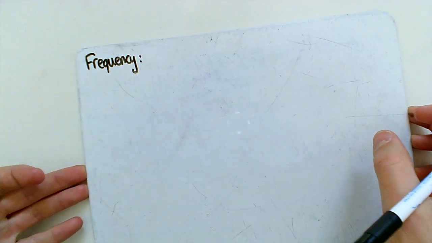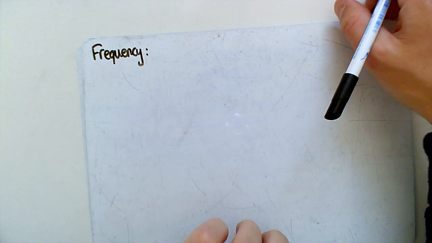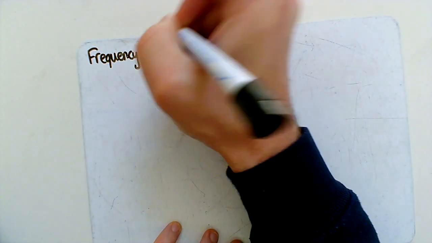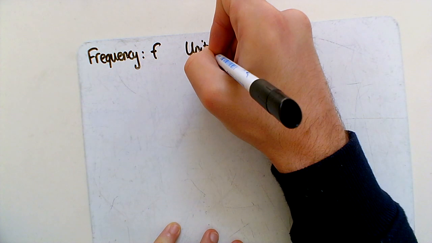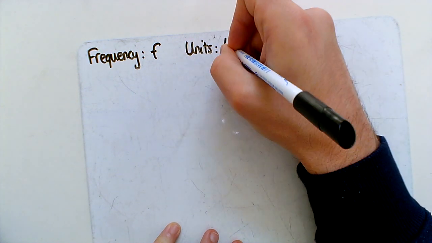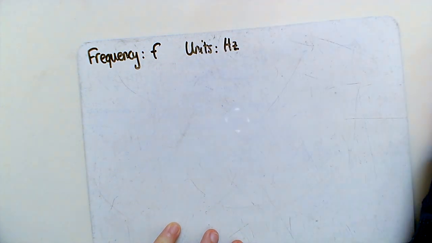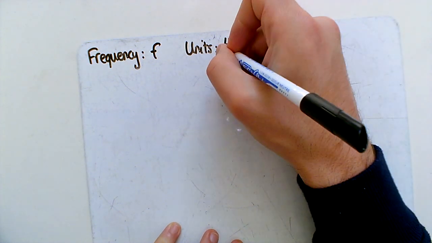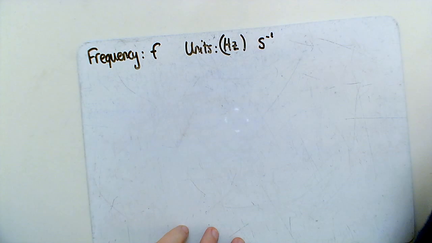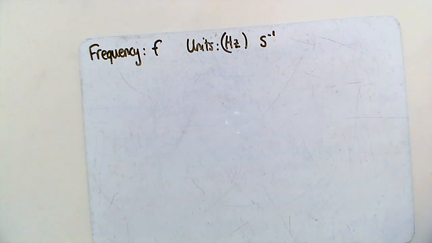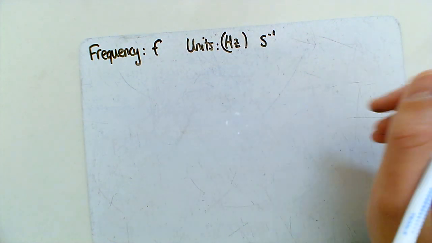So frequency, which in chemistry the symbol we use for frequency is f, and the units are hertz. That's the non-scientific unit in chemistry. What we would really want to use is seconds to the minus 1. And frequency is the number of waves that pass through a certain point per second.